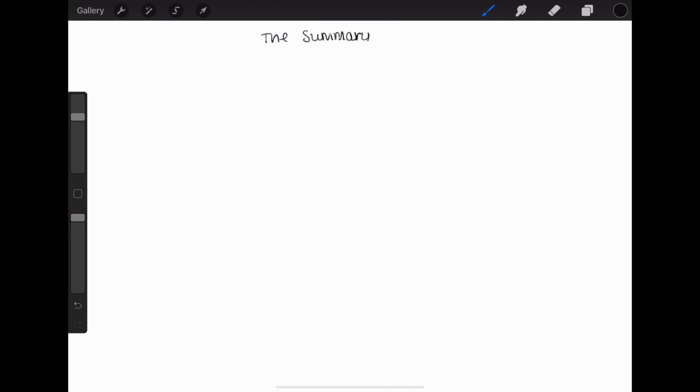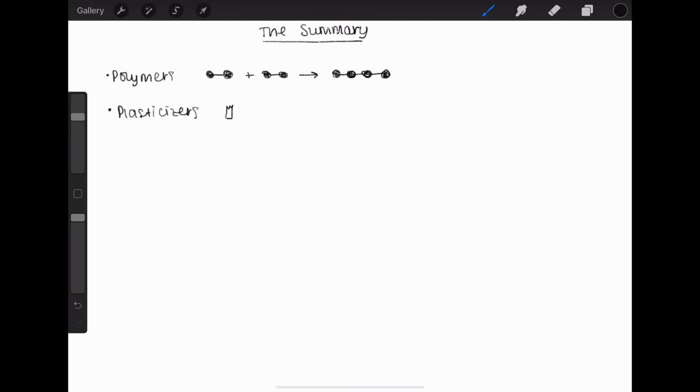So, to summarize, polymers are long-chain molecules that are created when two monomers react together. Plasticizers are the small molecules that help change the properties of polymers, for example, making them more elastic.